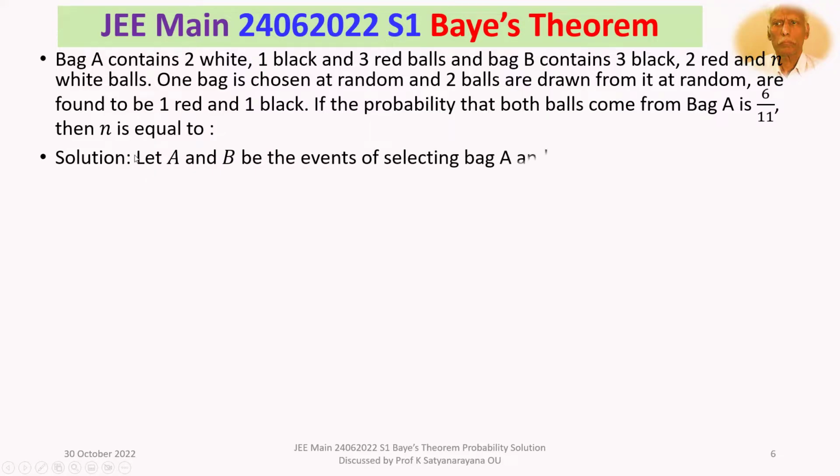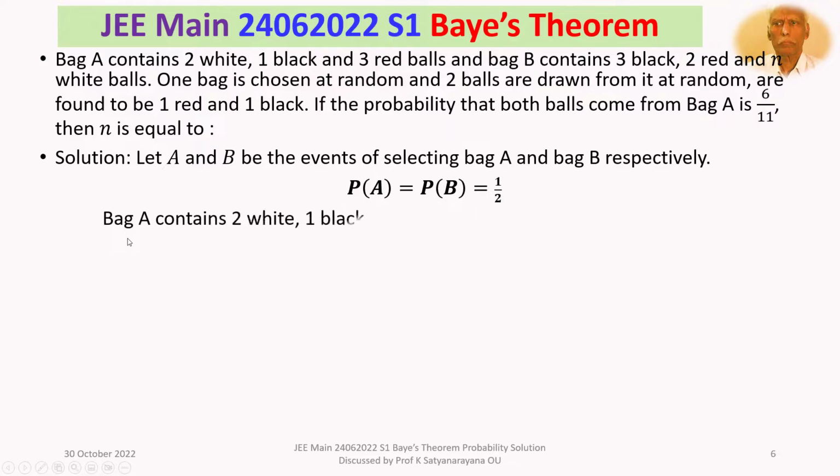Solution. Let A and B be events of selecting bag A and bag B respectively, and probability of A is equal to probability of B is equal to 1 by 2.